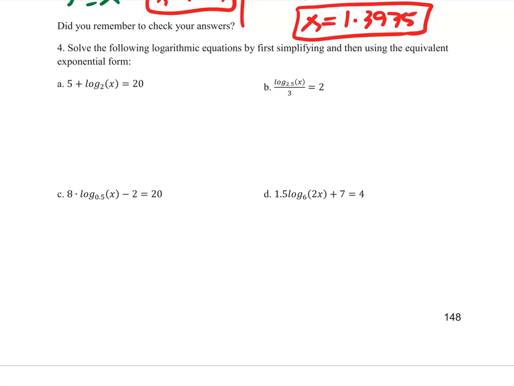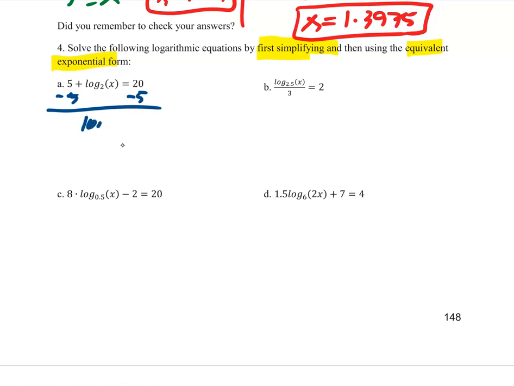Okay, the last part. Solve the following logarithmic equations by first simplifying and then using the equivalent exponential form. Letter A, 5 plus log base 2 of x is equal to 20. First, we subtract 5. We isolate the logs.